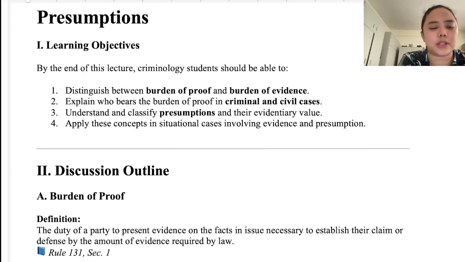Again, if you are still not aware, criminal and civil cases are different, class. Understand and classify presumptions and their evidentiary value and apply these concepts in situational cases involving evidence and presumption. In the next module, module 13, we will be discussing more about presumptions. But for this module, that is our objective.